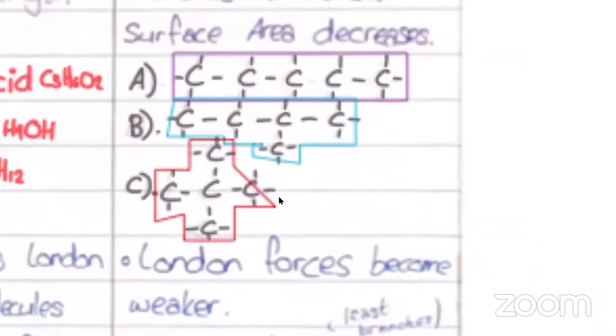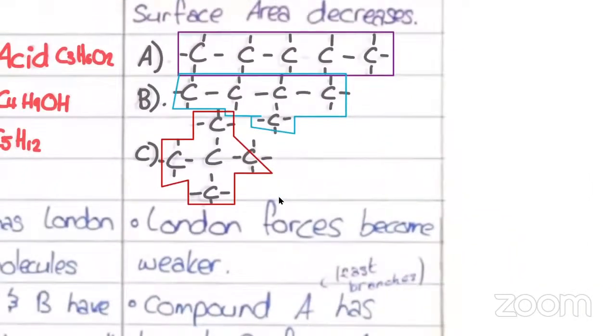We are comparing all of these compounds, A, B, and C, which have 5 carbons. So the first one, you guys give me the name. What's the name of the first compound? Quickly, let's see if you guys are awake. Pentane, very good.